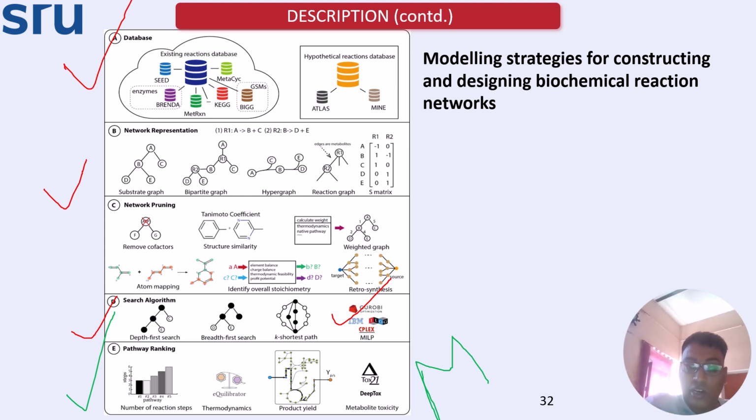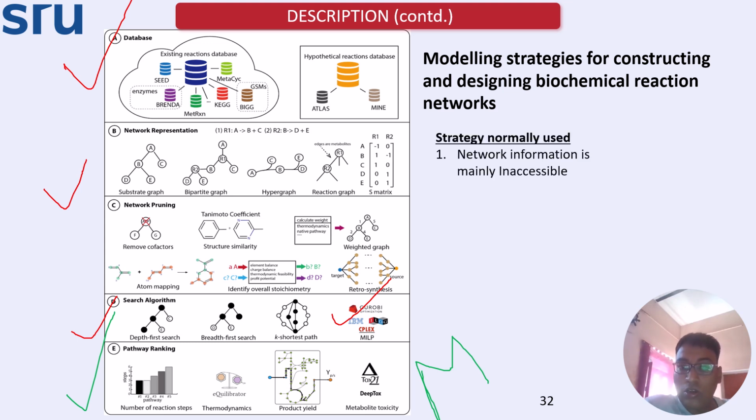So to get the required path, based on the number of reaction steps, thermodynamics, product yield, metabolic toxicity, through all these parameters, I'm able to rank the reaction network.